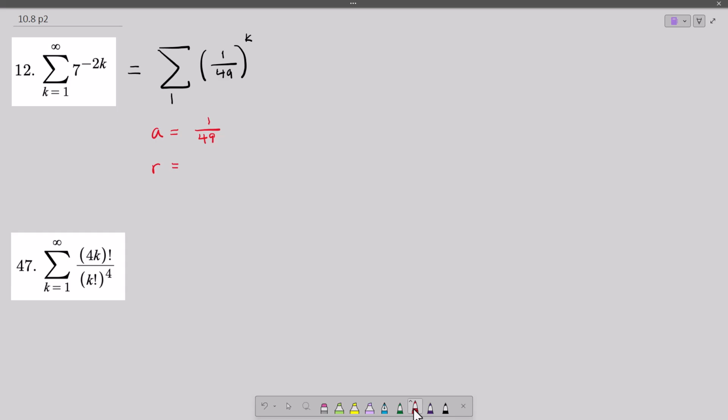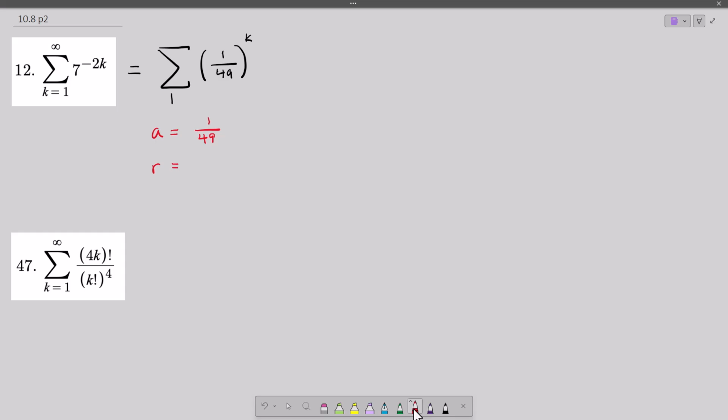If this started at 0, then the first term would be 1. But because this starts at 1, you plug in the k value of 1, and we get 1/49. If this series started at 2, then a would be 1 divided by 49 quantity squared. So a is always the very first term in the series. We find the first term by plugging in the initial k value.